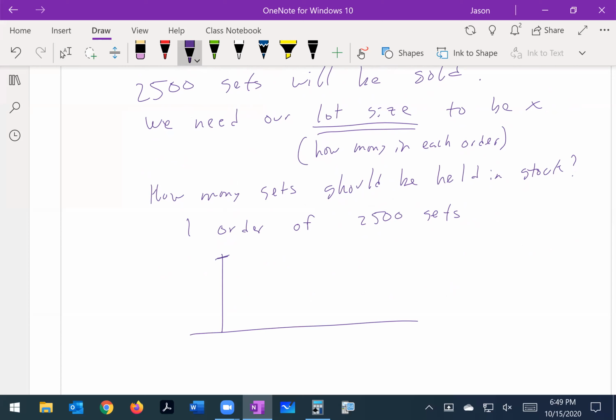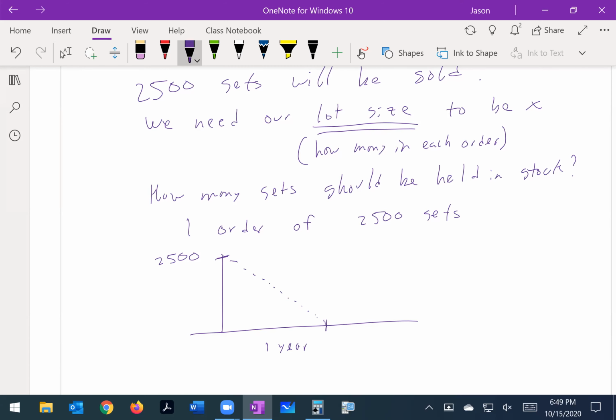Well, that's going to start at 2,500, and then it's going to slowly decrease over the period of 1 year, 365 days, to 0. I'm just going to put 1 year.